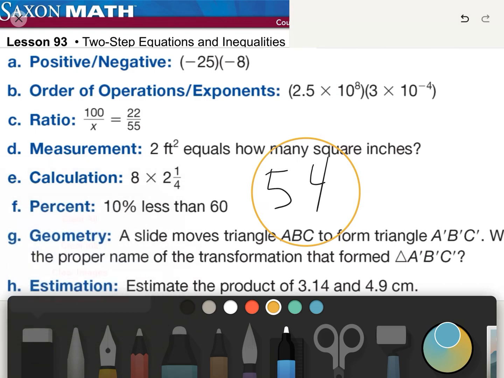Geometry. A slide moves triangle ABC to form a transformed triangle. What is the proper name of the transformation that transformed ABC?